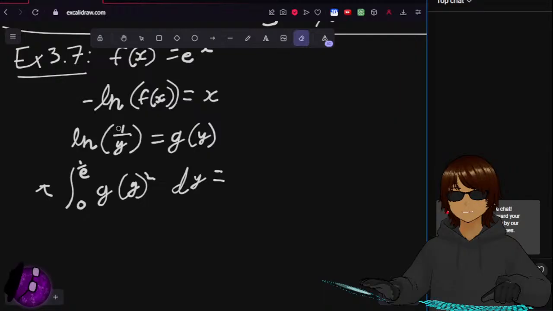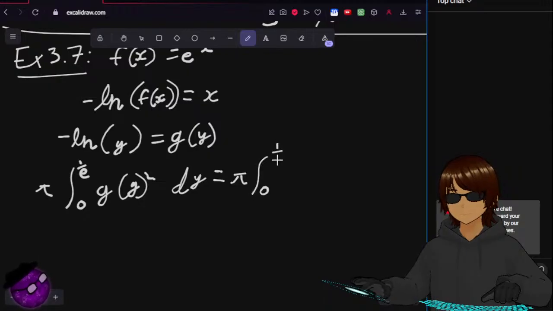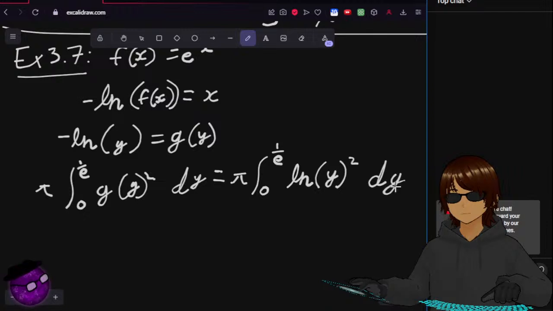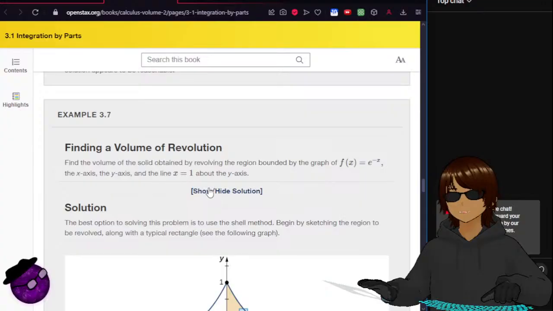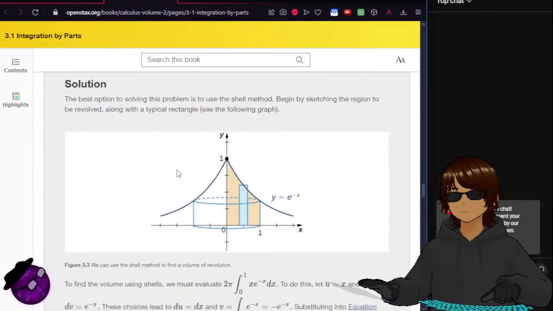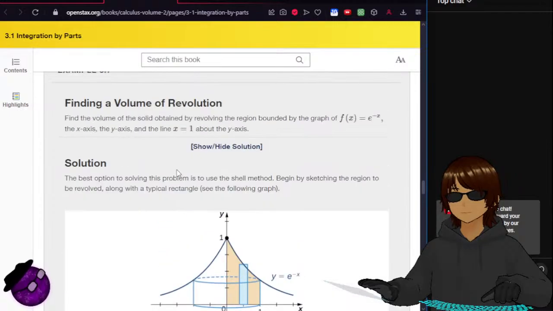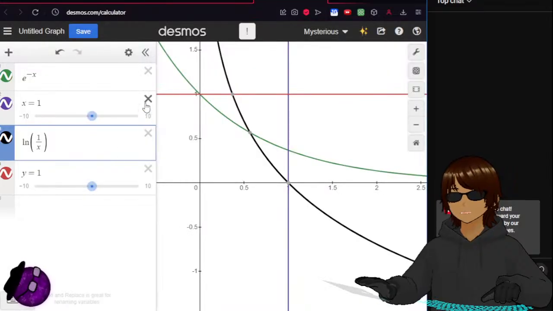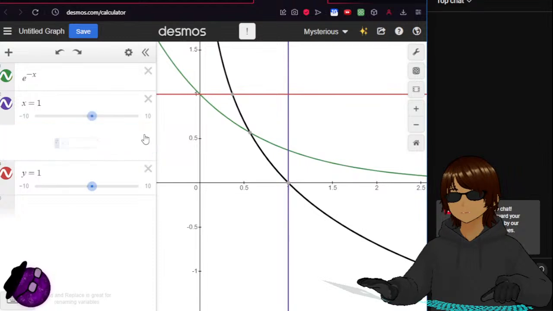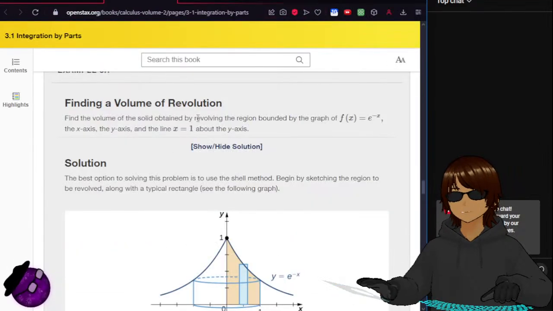I think it's easier if I do minus. Am I on the right step? Wait, no, wrong. It's not clear what they're asking.